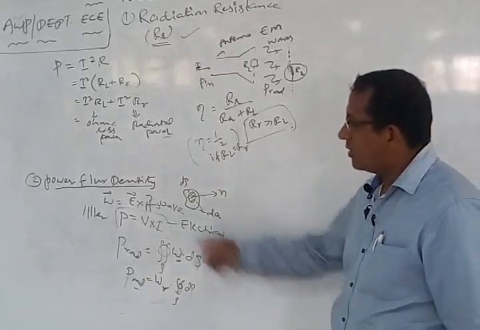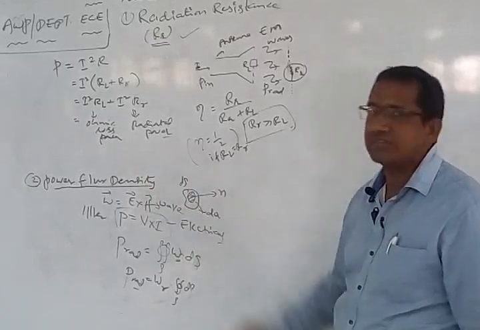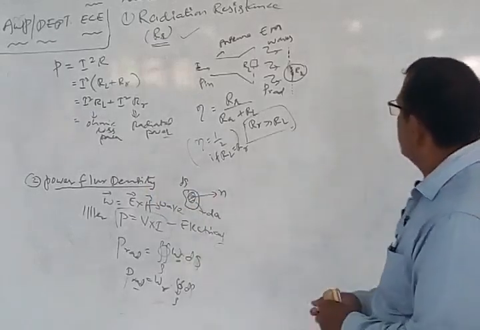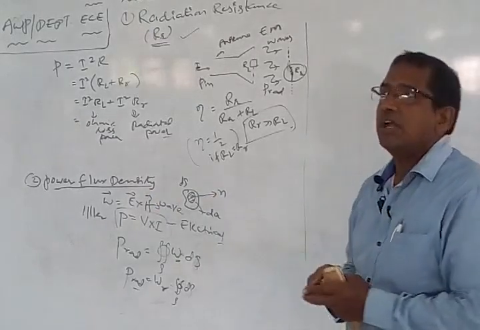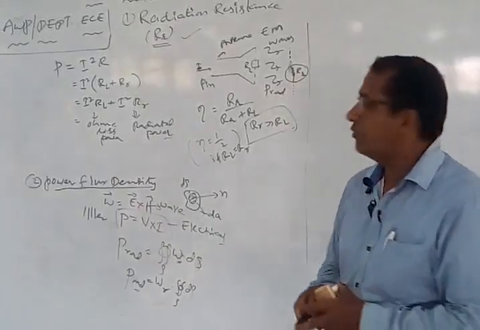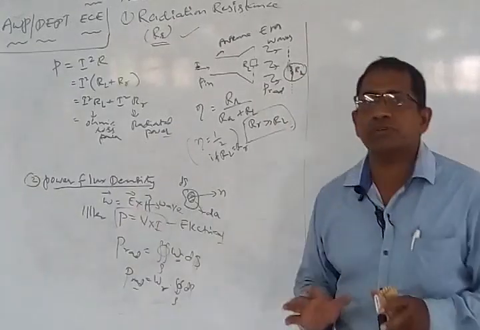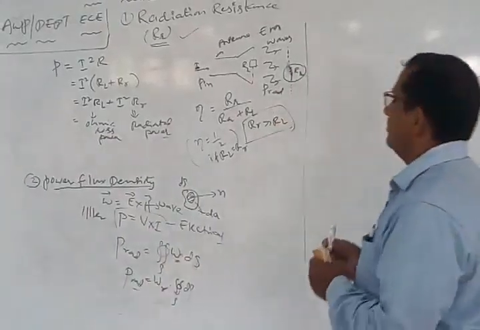Now here we are looking for the average flux density or power flux density, for which we have to use the E and H components. Now we have to find an expression for the power flux density or average power flux density.